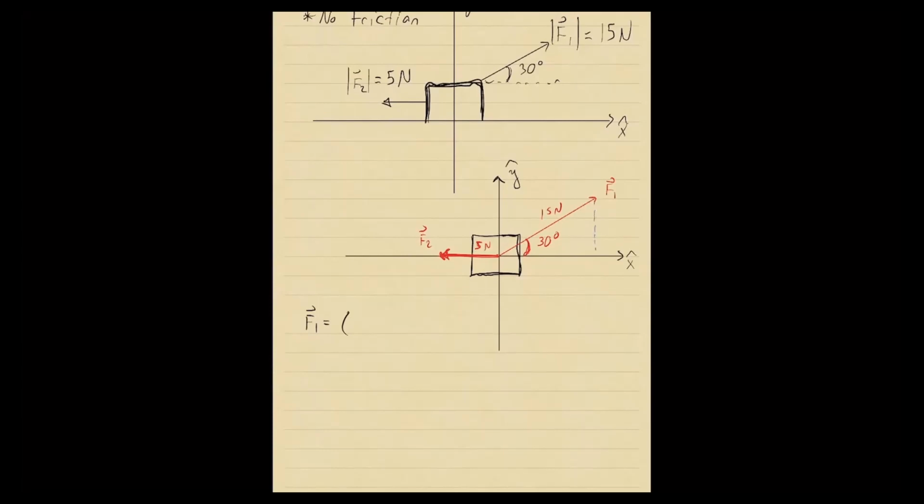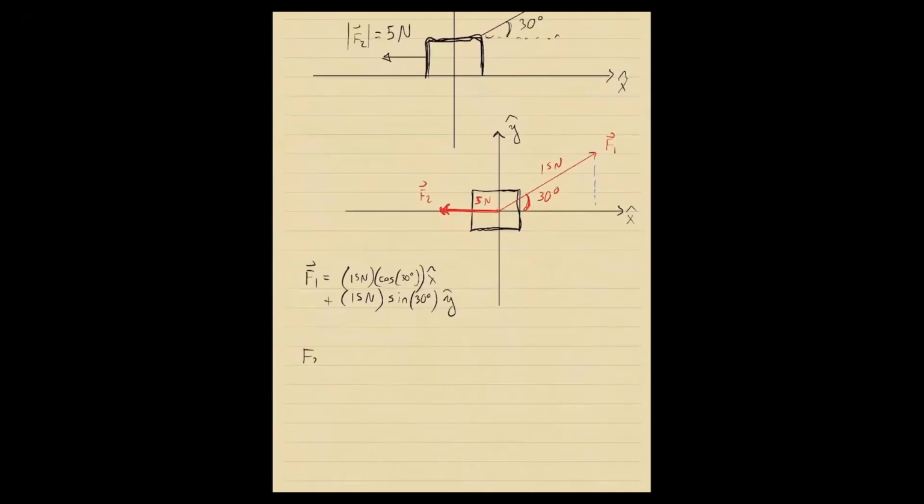Solving for its x component is just its magnitude, 15 newtons, times cosine of the angle between it and the x-axis, which is 30 degrees. Plus its y component, which is its magnitude times sine of its angle. Right, and that's going to be its y component. So that's F1.